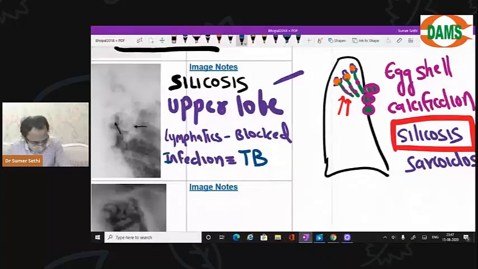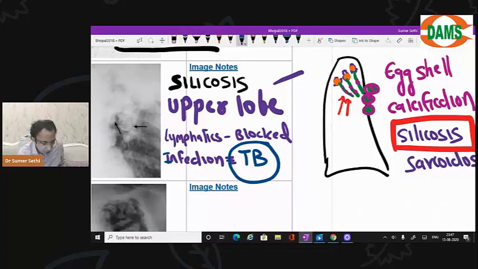These people, because of their poor socioeconomic status, tend to develop tuberculosis. But the problem is the upper lobe lymphatic channels are already fibrosed. So the tubercular bacilli cannot be cleared and they become more prone to develop tuberculosis. Have you heard of this before? So which infection is commonly seen in patients with silicosis? Tuberculosis. Clear? This is because of the dual reasoning of lower socioeconomic status as well as upper lobe lymphatics getting compromised.